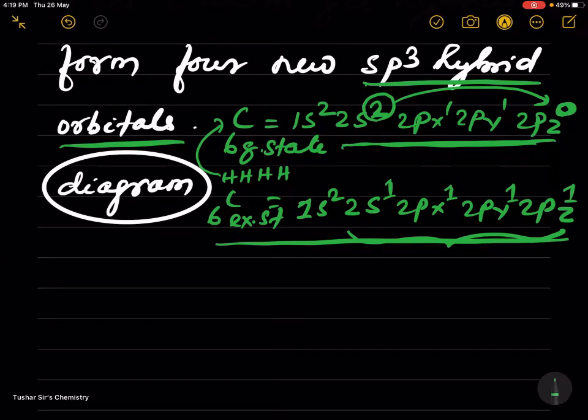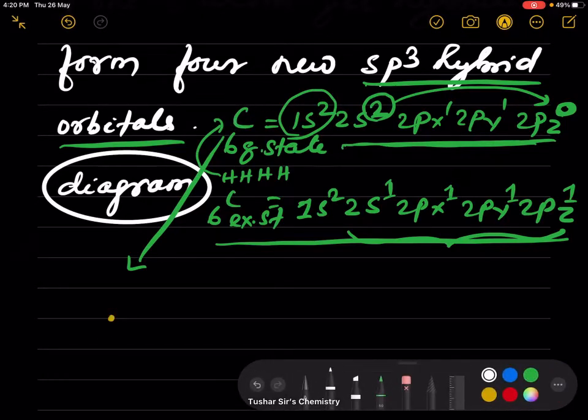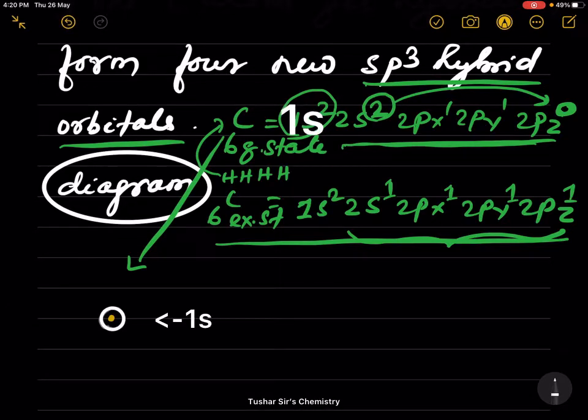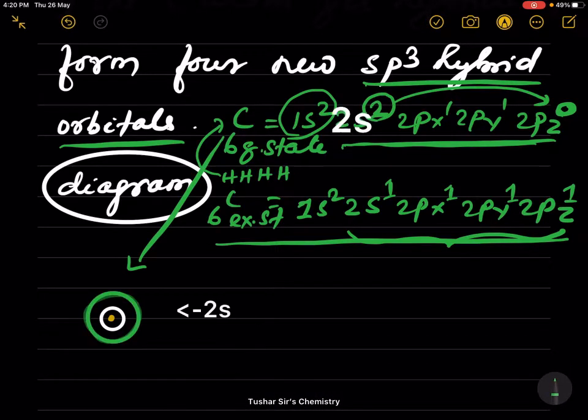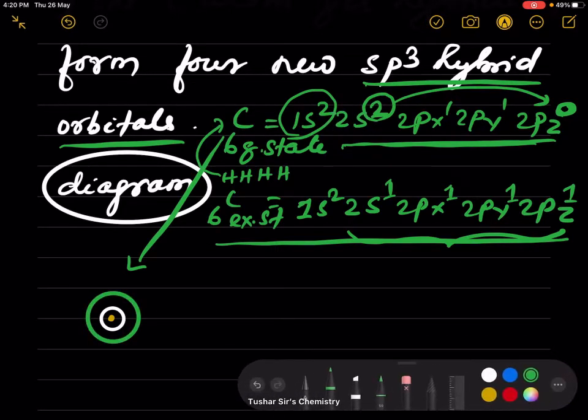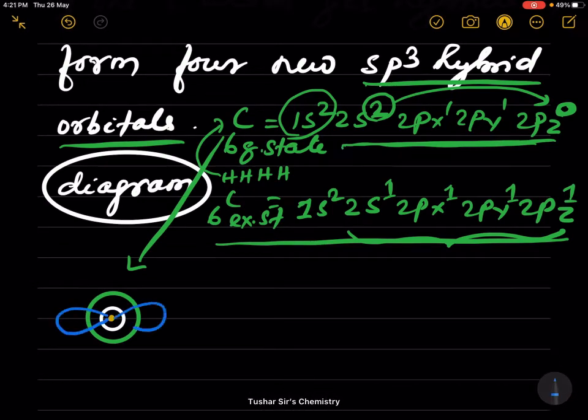We can explain this part diagrammatically also. You see, here is the carbon nucleus. Above the nucleus you will find 1s, then above it 2s, then this is 2px, this is 2py, then 2pz.